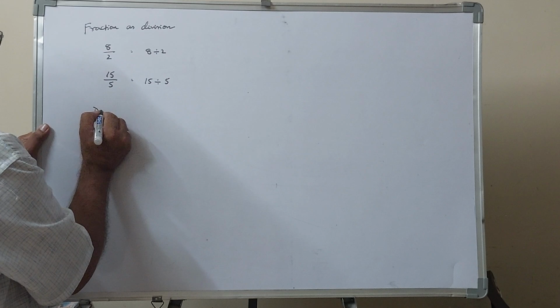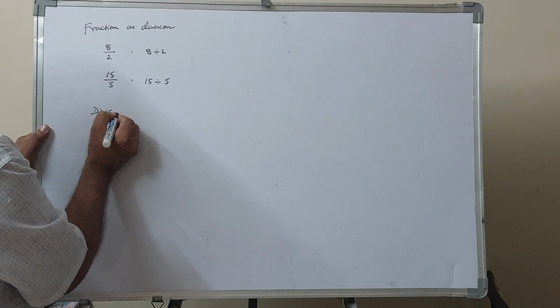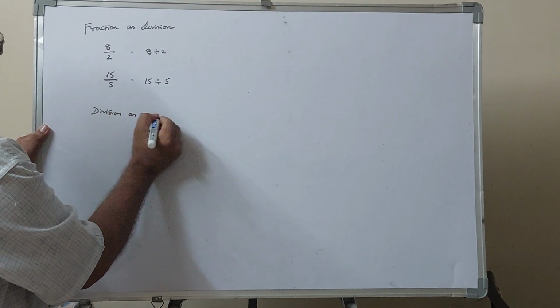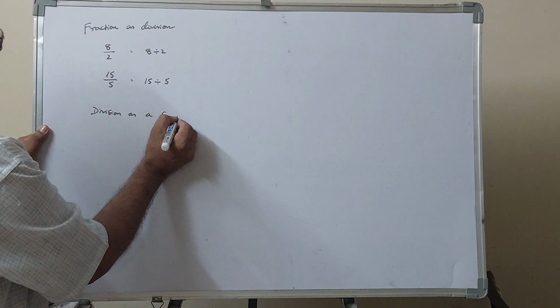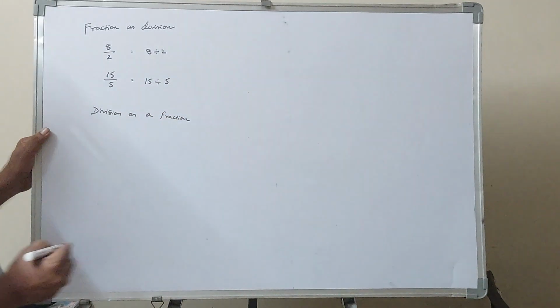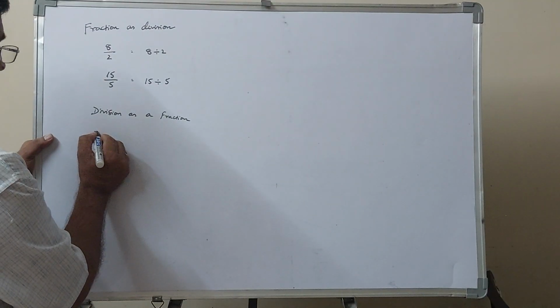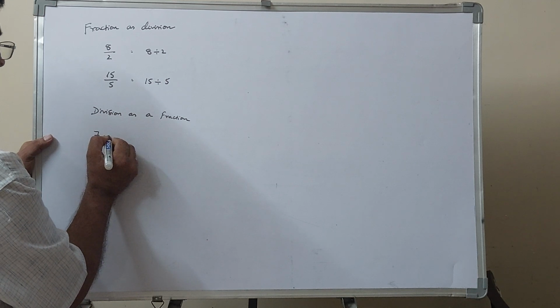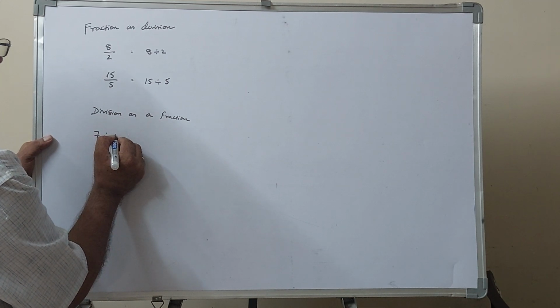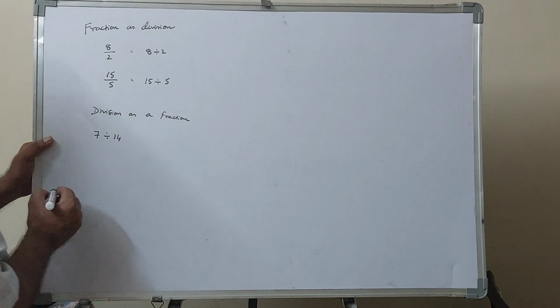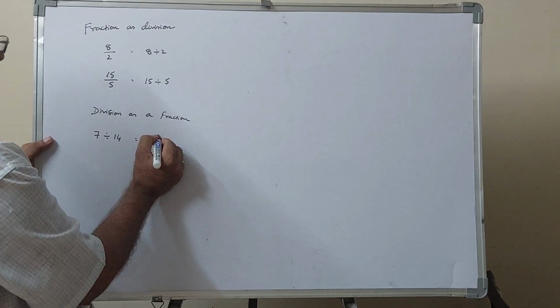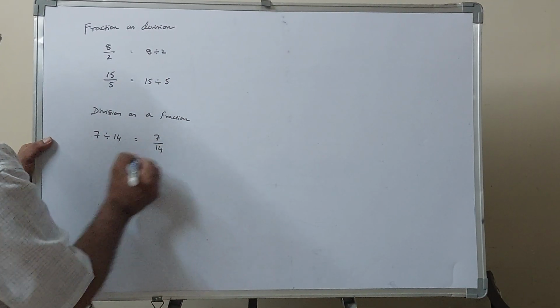Division as a fraction. If I ask you to write 7 divided by 14, you will write 7 by 14.